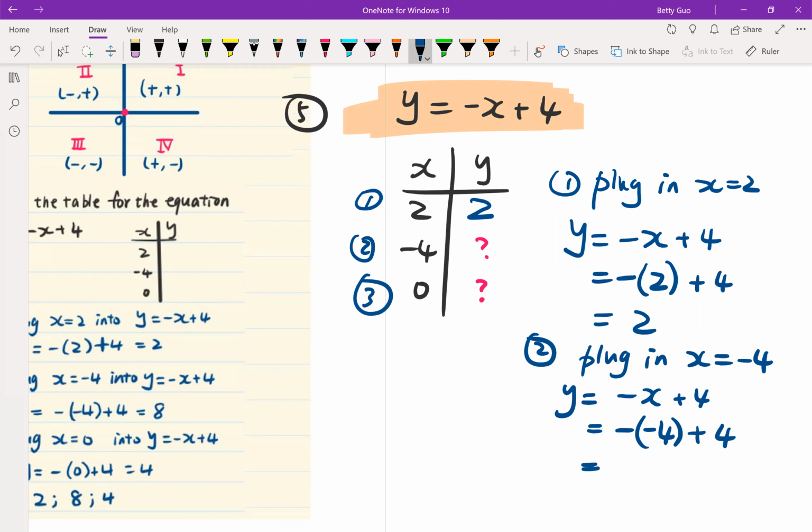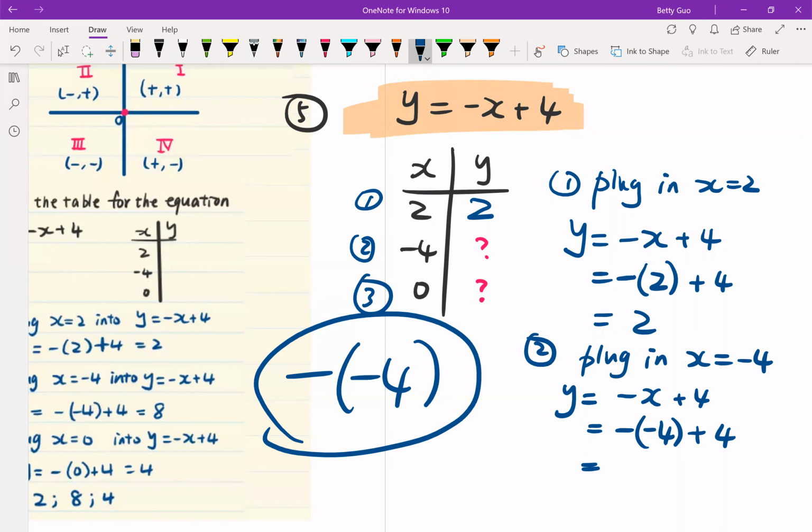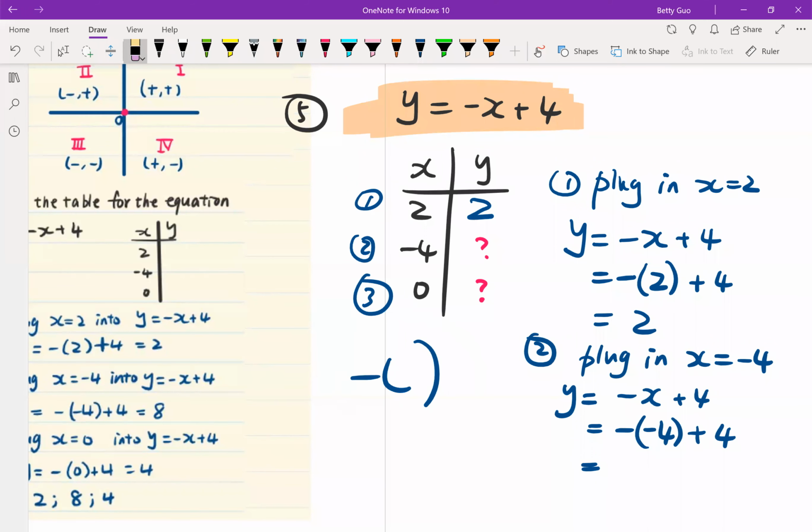And what is negative negative 4? How do you understand this expression? It's the opposite of negative 4. Exactly. It's just a positive 4.